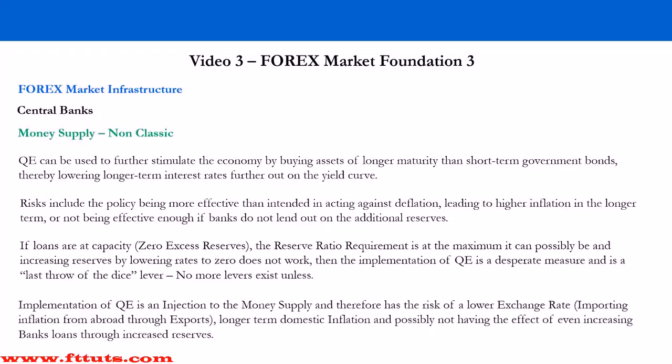QE can also be used not just to buy short-term bonds, but also long-term bonds. And this can have the effect of lowering long-term interest rates across the interest rate yield curve. And what can happen is central banks, when signaling to the market that they're a buyer of long-term bonds, can basically end up flattening out the yield curve and could have unintended consequences, i.e. the original priority was to stimulate the economy with injections via purchases of short-term government bonds, thus increasing the monetary base through short-term reserves and loans in the fractional reserve banking system.